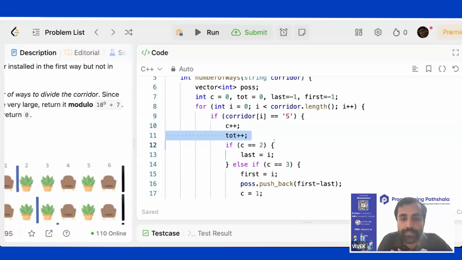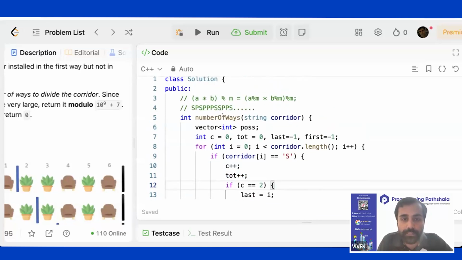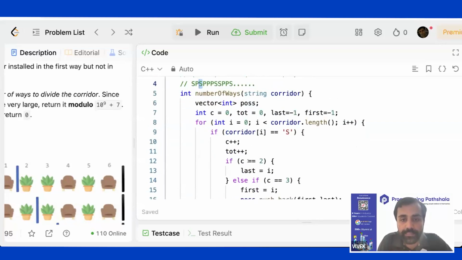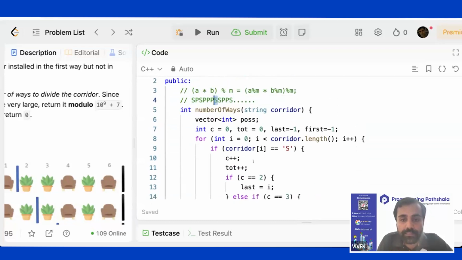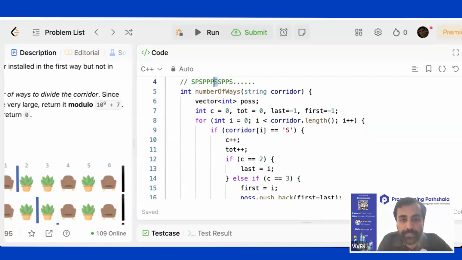So if count becomes 2 at this point of time, I will store this index in a variable last. And when I reach here, the count would have become 3 because it is my third seat. So now I can assign first to this index.